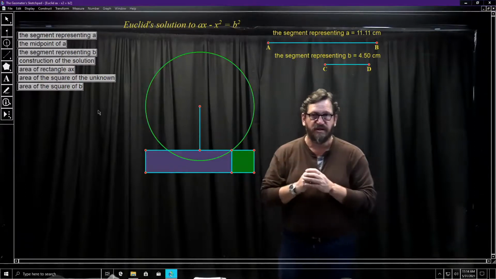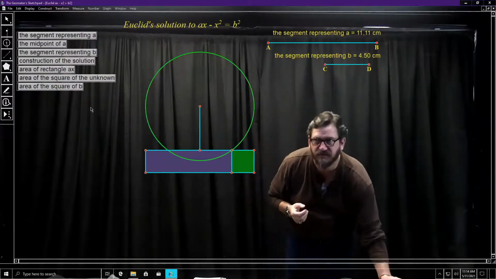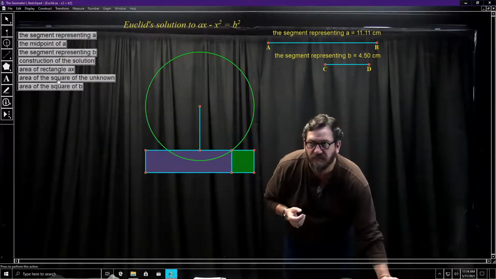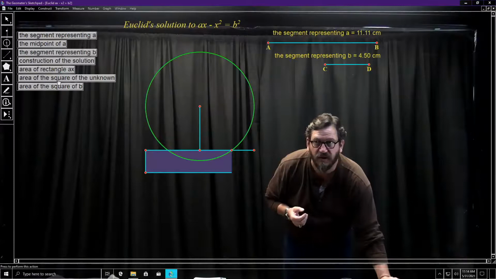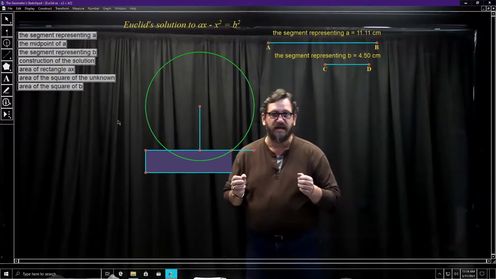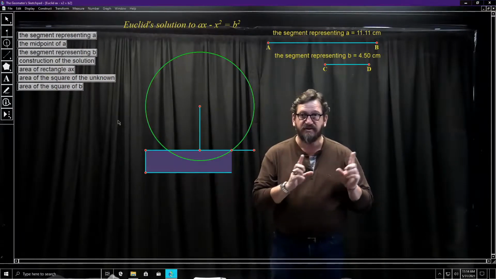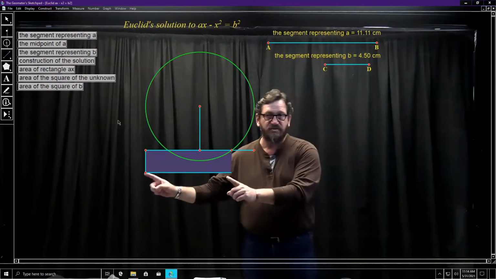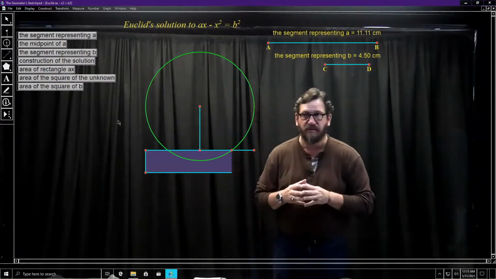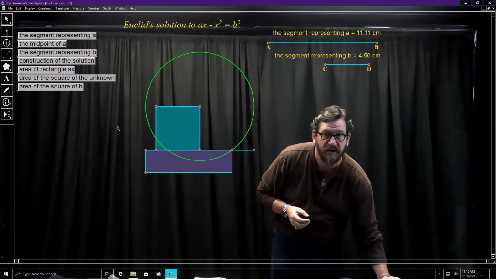But what we're interested in doing now is removing the square. And so that's what we're going to do. So there's the area of the square. We just wanted to take it away, because what we're interested in, if you remember, is ax minus the square. So what you see left over is what is supposed to be equal to the square living on B.